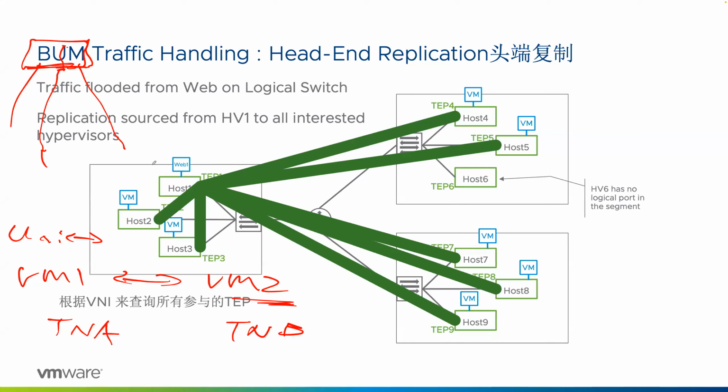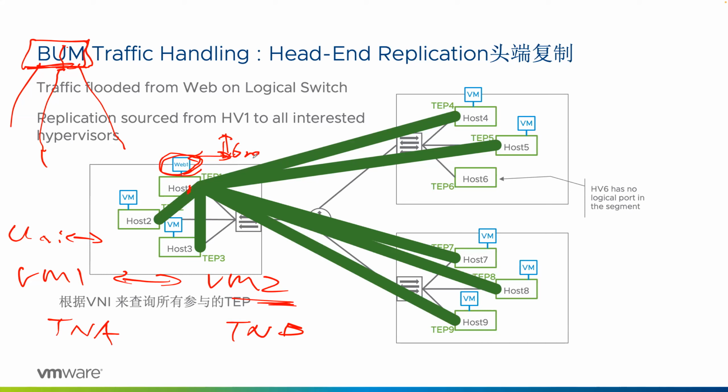For example, this virtual machine, web1, is located on host 1. Sometimes web1 sends out a broadcast, for some reason, from upper layer requests.